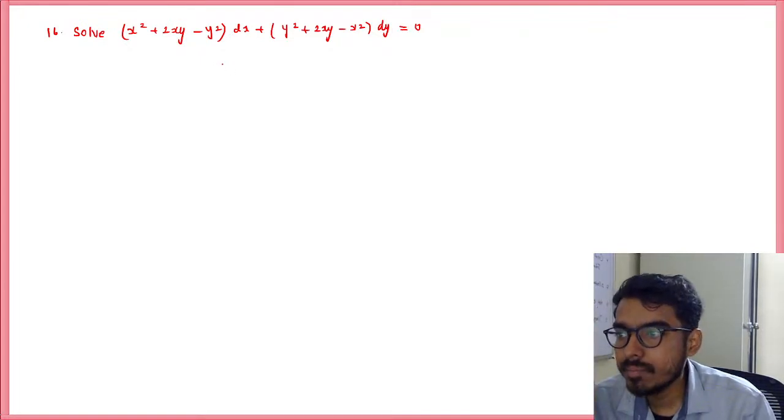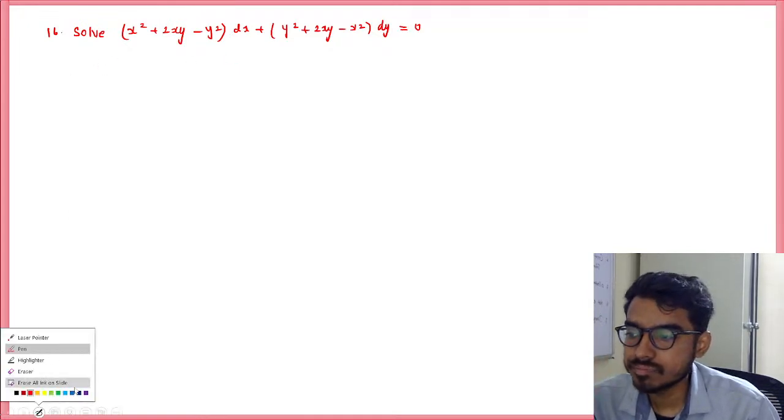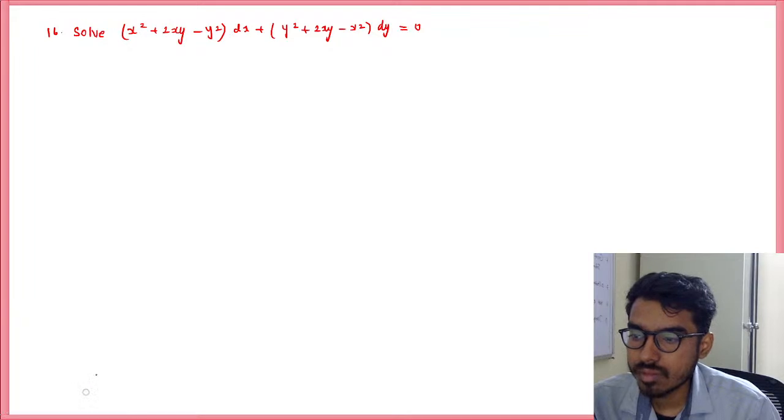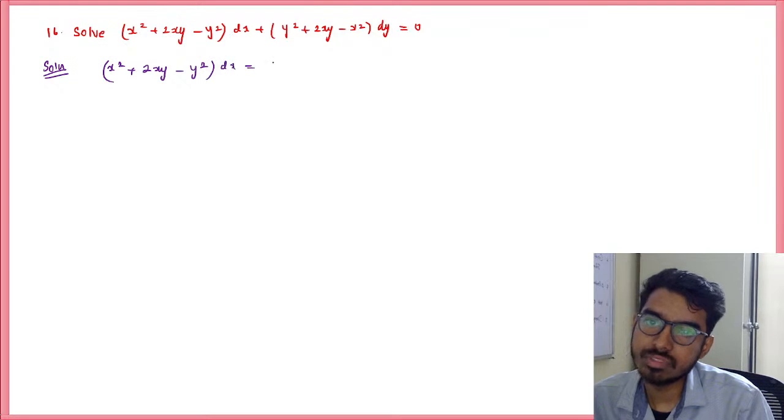So we have (x square plus 2xy minus y square) dx is equal to minus of (y square plus 2xy minus x square) dy.